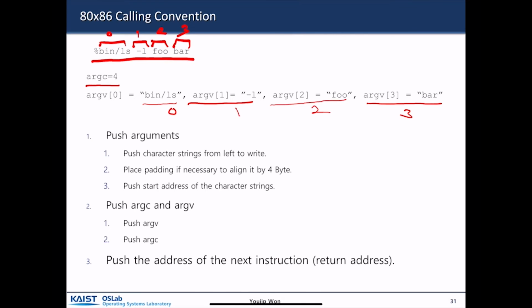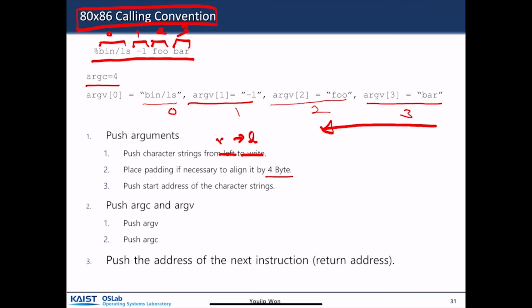In the x86 calling convention, you have to push arguments following rules. First, you push the character strings from right to left, sorry, right to left. And each character string has to be aligned by 4 bytes.